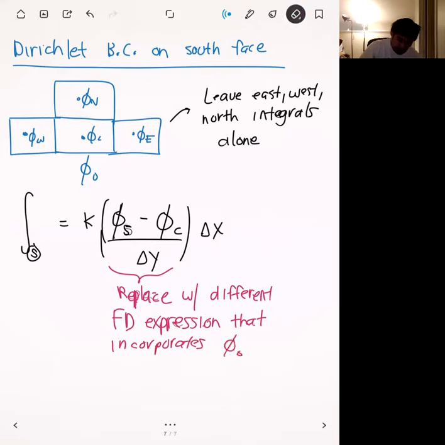We need to modify this because we no longer have a phi south, so we're going to replace this with phi naught. And since the distance between phi sub c and the boundary here is only half the distance, instead of delta y, we're going to divide by delta y divided by 2.